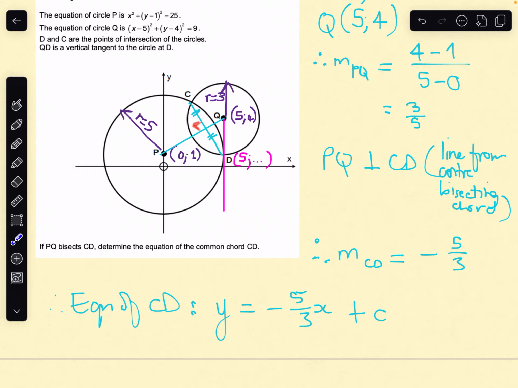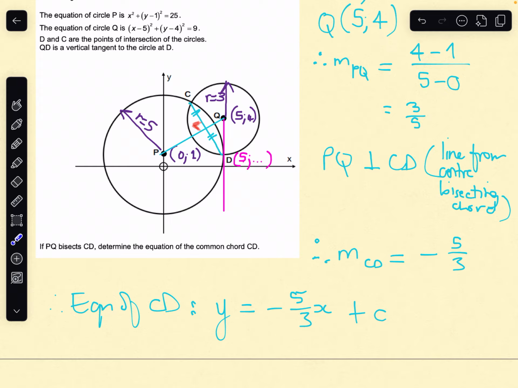So I'm looking at this PD and saying, we know that it's 5 units long. So is that not something I can use to figure out the y-coordinate of D? I think I could. If I set up an equation using the distance formula, I feel like I could.